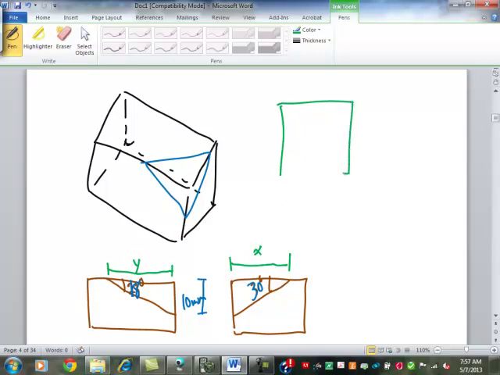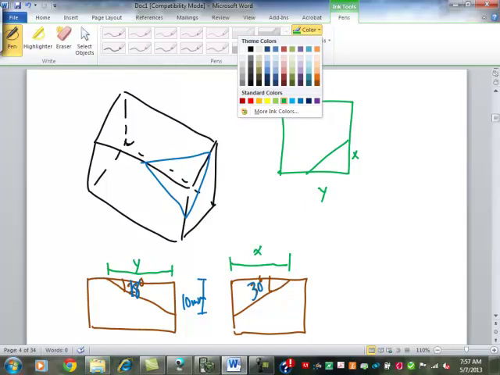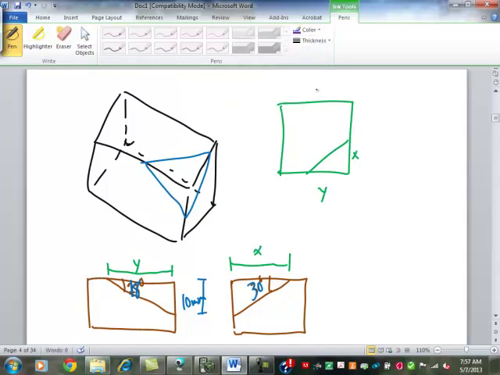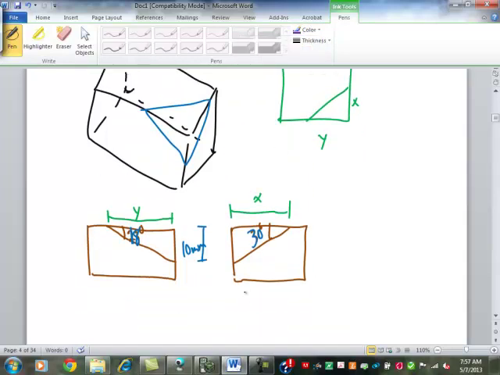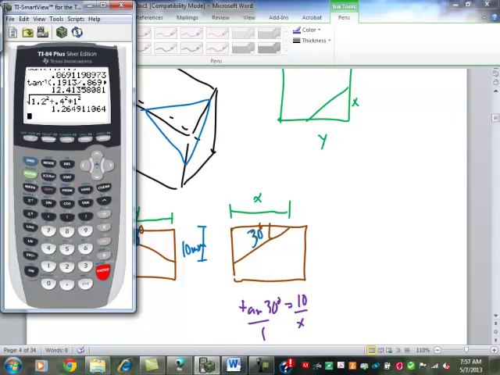If I'm looking at it from the top, here's X, here's Y. X is going to be found with the tangent of 30 degrees. The opposite side is now the 10 millimeters. X goes on bottom, so we put this over 1. Cross multiply and divide, it becomes 10 divided by tangent of 30.